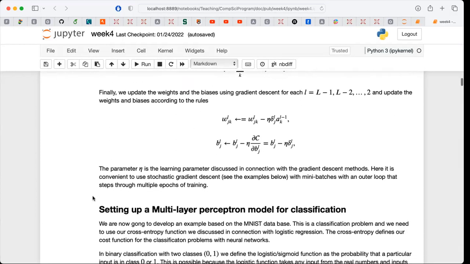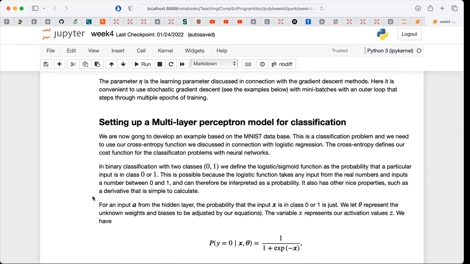So we are going to look at a classification problem. The example in the slide is about the MNIST data set, which contains 10 handwritten numbers. That means that the output function is going to be given by a so-called softmax function.